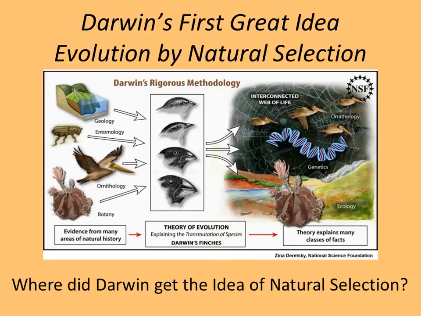Now Darwin and Wallace, the first great idea that they came up with, if we remember correctly about evolutionary thought at the beginning of the class, there was this idea that special creation, that organisms were created perfectly, all that kind of stuff. Well, Darwin's first great idea is evolution by natural selection, which is different than natural selection alone, which we'll get to in a second.